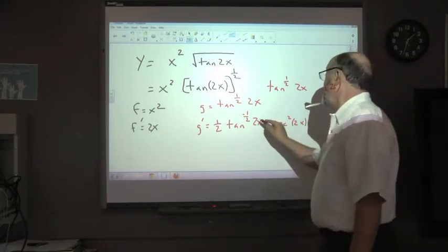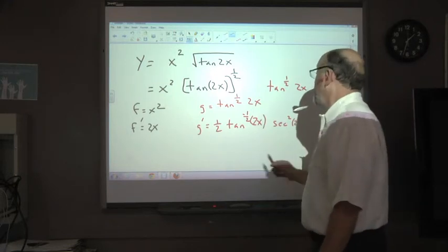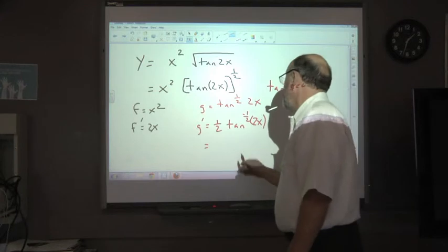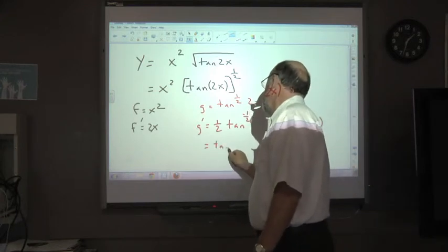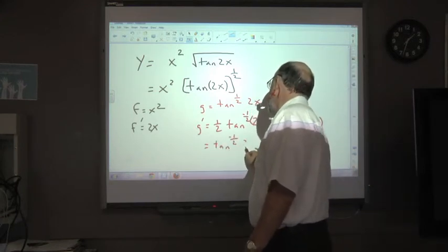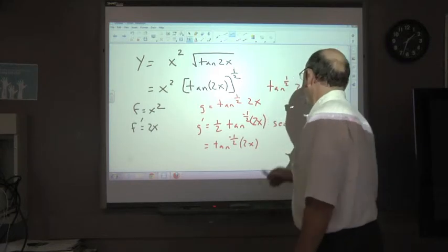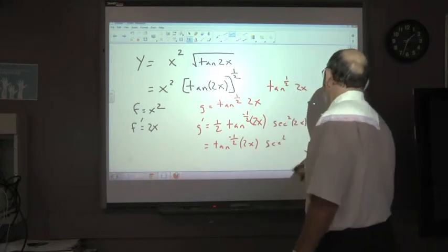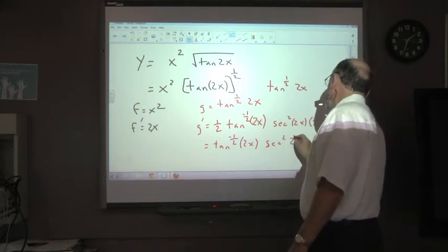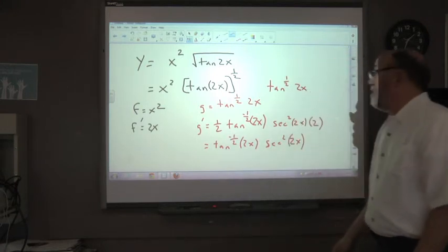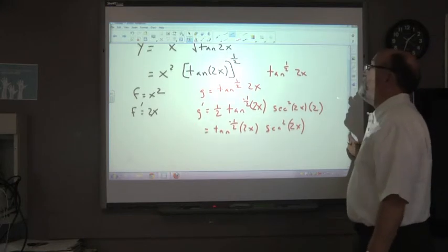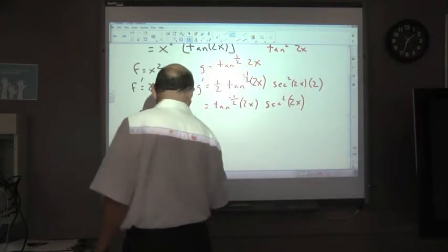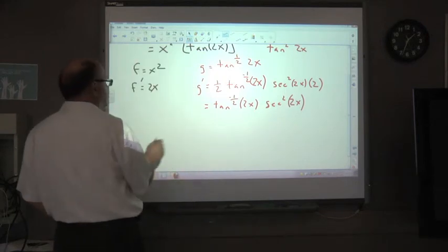And now if we combine and simplify a bit, 2 times 1/2 is 1. So we get tangent to the minus 1/2 of 2x secant squared of 2x. Okay? And then again, we could take all the pieces and plug them into that format in terms of my product rule.